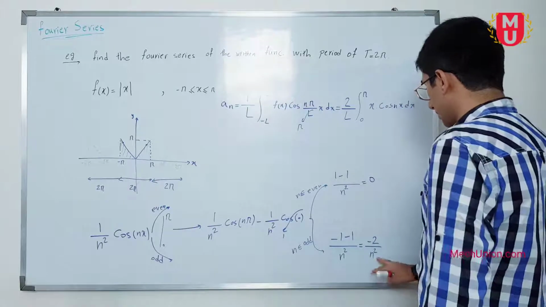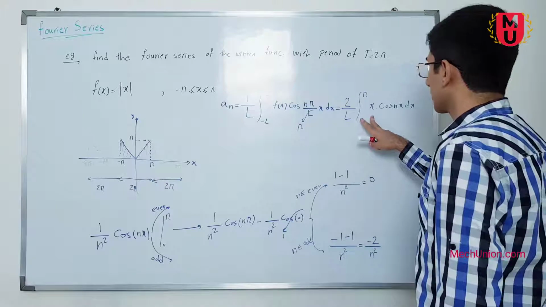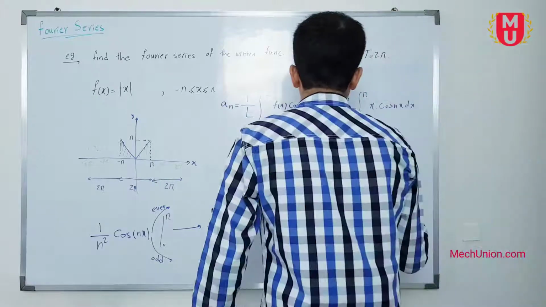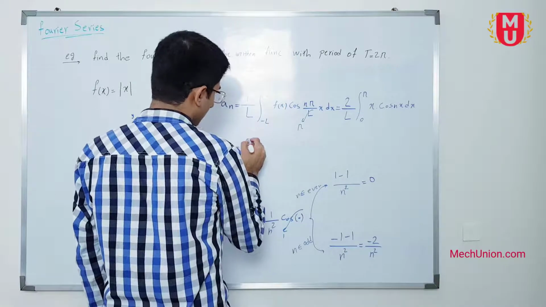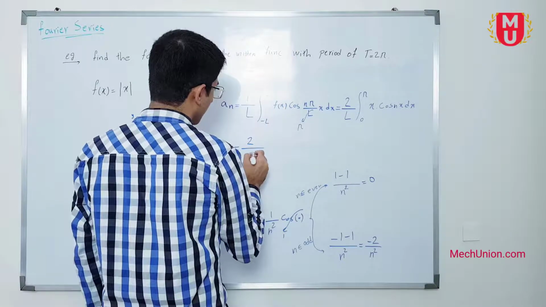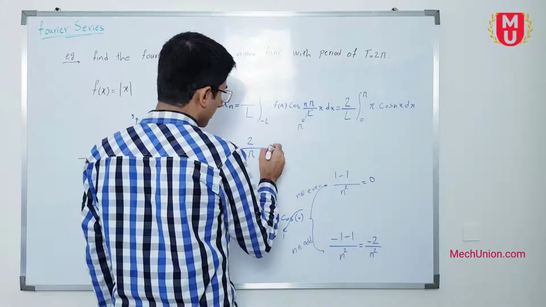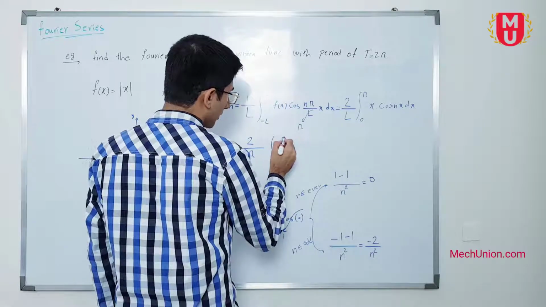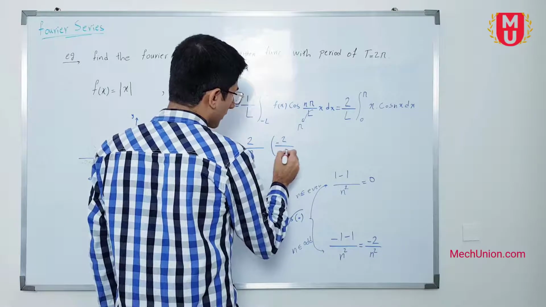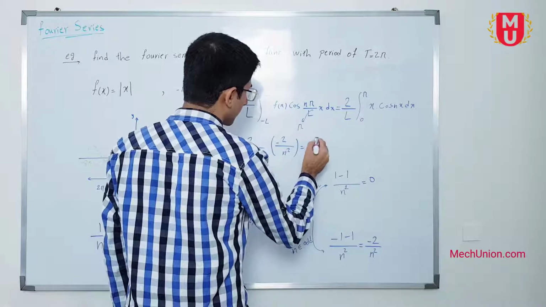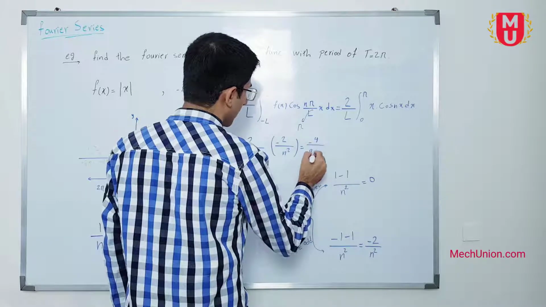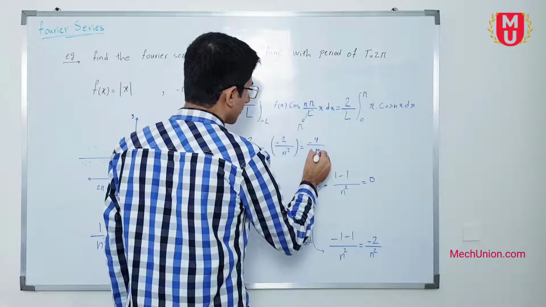That's our solution to this integral. If we substitute, it's 2 over pi times minus 2 over n², which will become minus 4 over pi n².